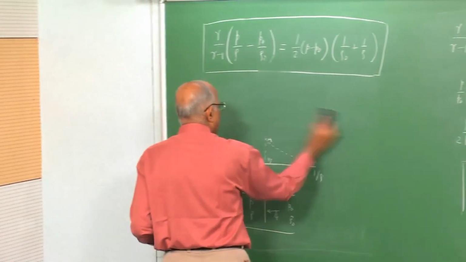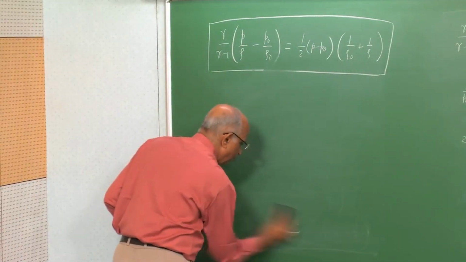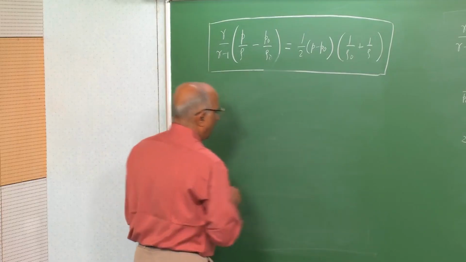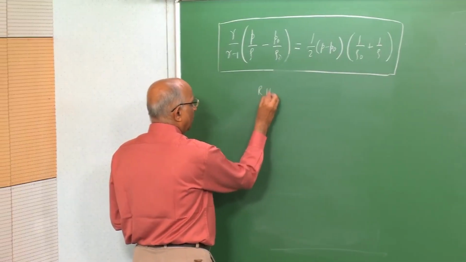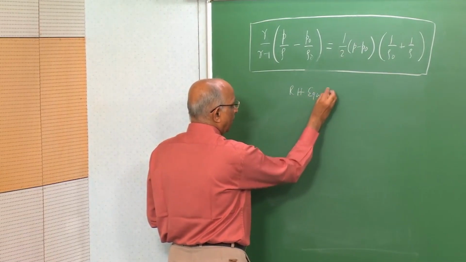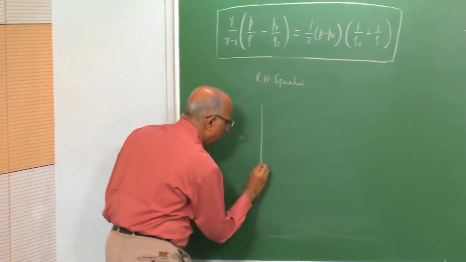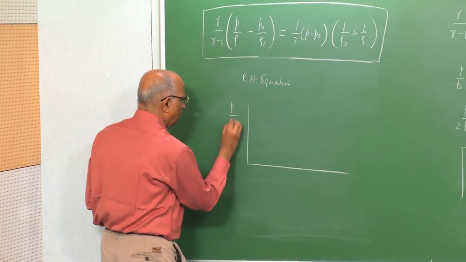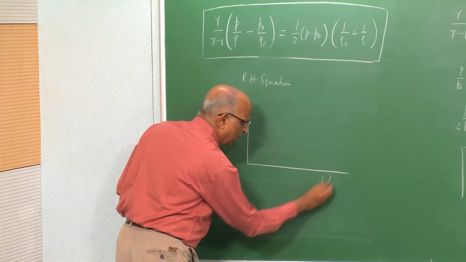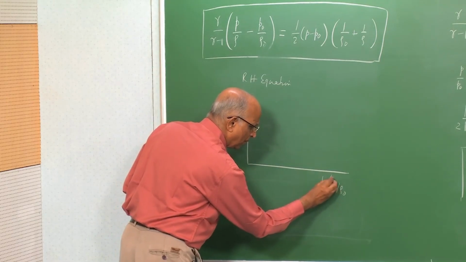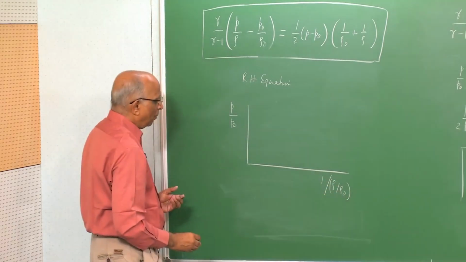Let us now say, yes, I have been able to relate the pressure. Let us say I look at the Rankine-Hugoniot equations, and what does the Rankine-Hugoniot equation tell me? Well, I have P by P 0 as a function of rho by rho 0, and what is it I get?